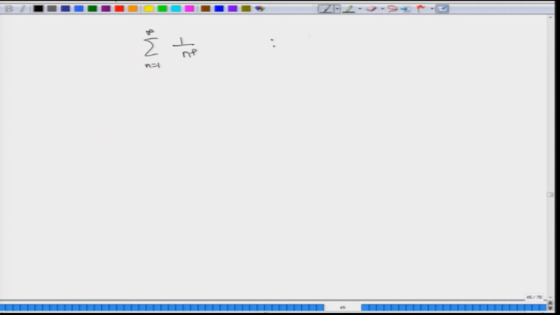What we know earlier: for p less than or equal to 1, the series diverges; for p greater than or equal to 2, less than infinity, it converges, by comparing it with 1 by n square. So, we left it open for the case 1 less than p.